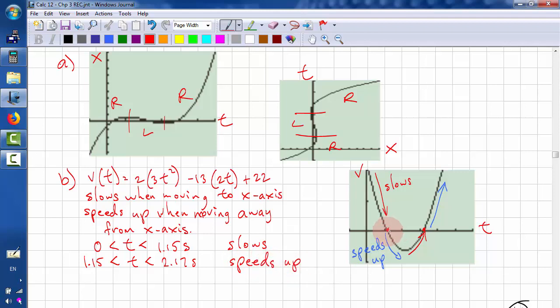So you would find the zeros here and here. Here you would have to find the minimum to get this value. Okay, so this is 1.15, this is 2.17, this is 3.18.